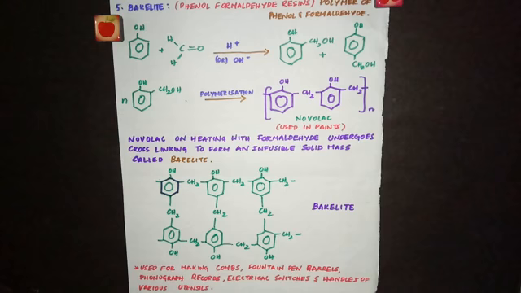Phenol formaldehyde resins are prepared by the reaction of phenol and formaldehyde in the presence of a catalyst. It can be either H plus or OH minus. When this phenol reacts with formaldehyde and undergoes polymerization, it forms two different types of polymers.